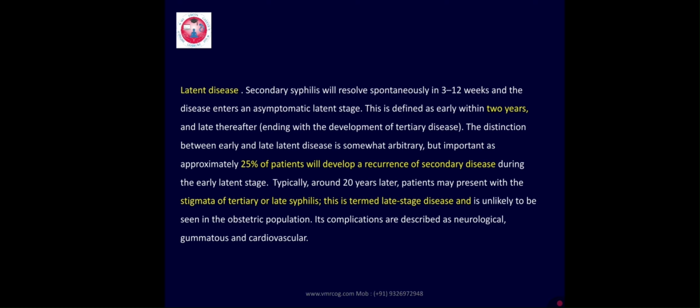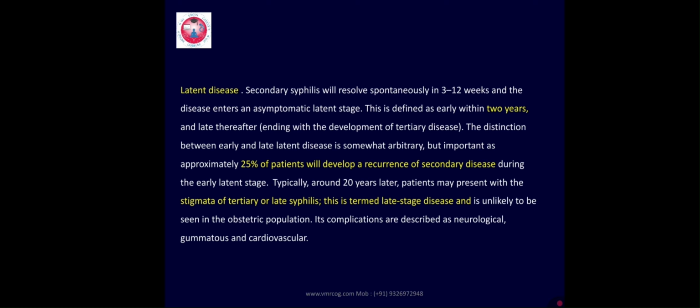So what we have seen up till now, this disease can be early stage, then you have a latent stage, and then you have a late stage. Early stage will include primary and secondary syphilis. After primary and secondary, it will become a latent disease. This can be early latent or late latent, and the duration is either 1 year or 2 years for the early latent, and more than that will be the late latent.